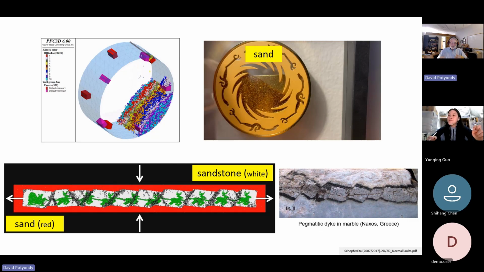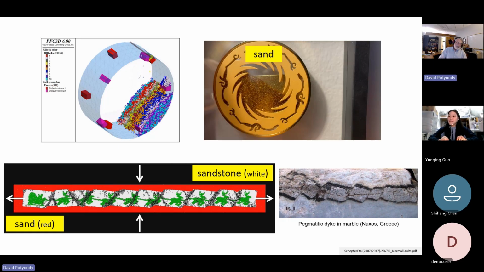So they are able to use PFC as a way of doing a computer version of a physical sandbox model. And that's why PFC is kind of accepted a little bit in structural geology, because it can be thought of as a sandbox experiment, and those are acceptable things that people do.